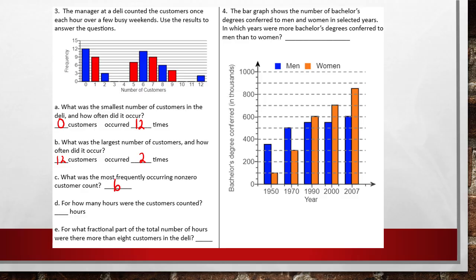And then it says, for how many hours were the customers counted? So this is where we add all of the heights of the bars together. I'm going to write down the numbers and then we can add those all up.